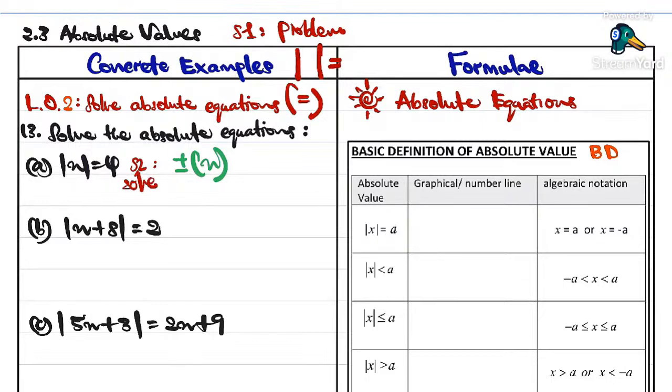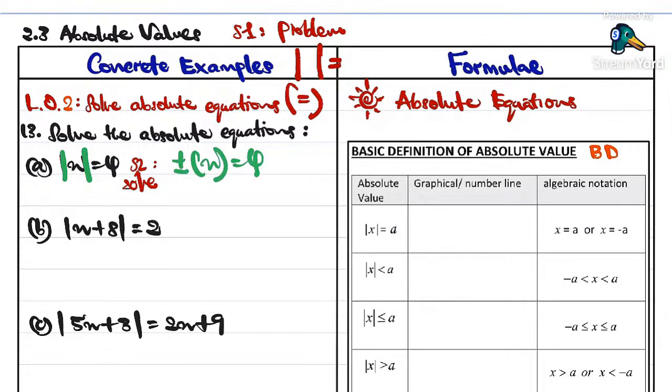So what I did here is I changed this modulus into a plus or minus sign, because we know the definition says that modulus has two x. One is positive x, one is negative x. Then you make it equal to 4. You copy back the question. All you did is change the modulus into a plus minus sign, because we know that's the definition, isn't it?